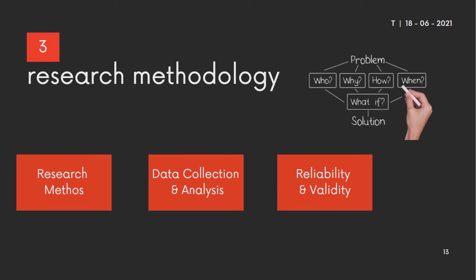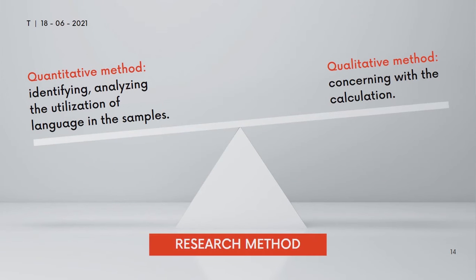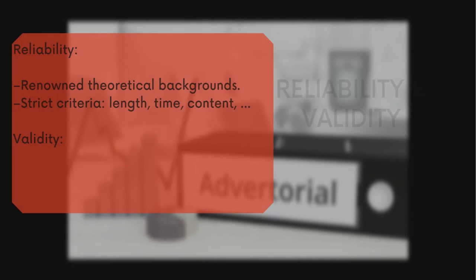The next one is research methodology. In the study, I combine both quantitative and qualitative methods to create a well-rounded study. Looking at the calculating method here, you could recognize that I focus on the number of advertorials instead of the appearing rate itself.